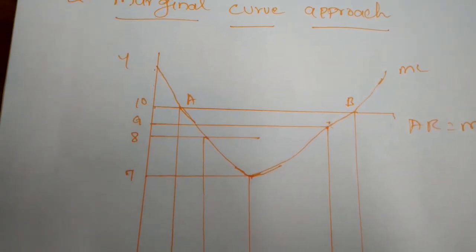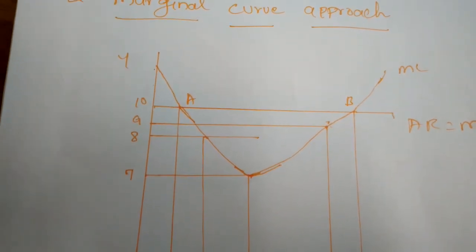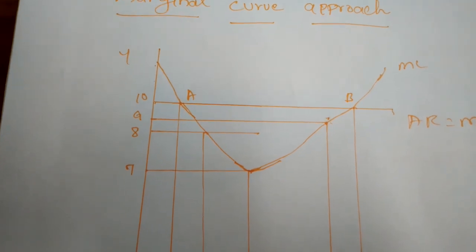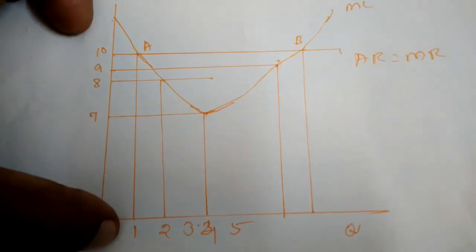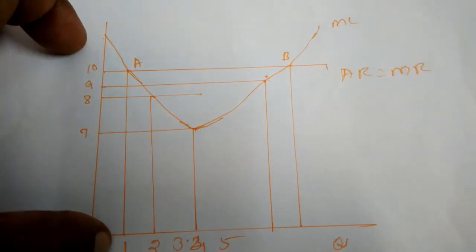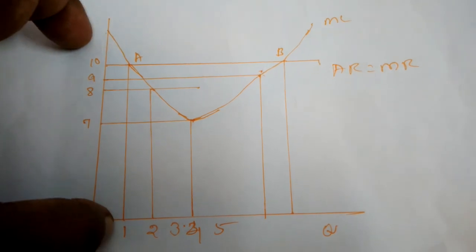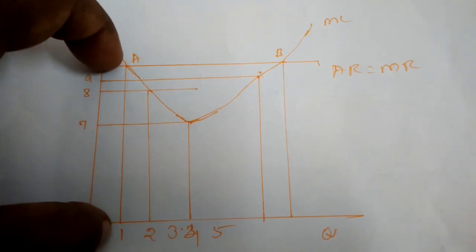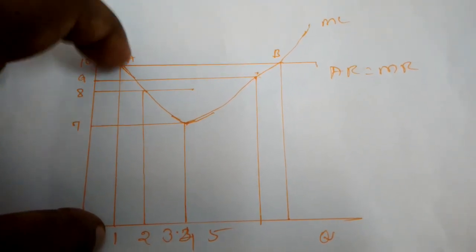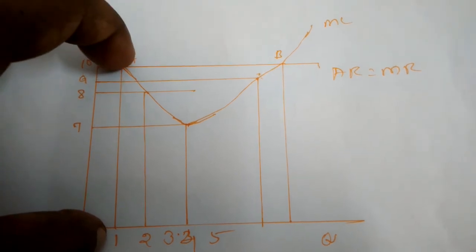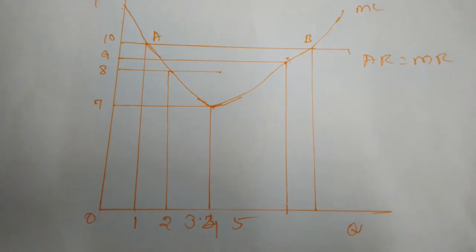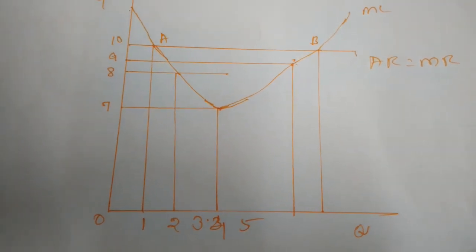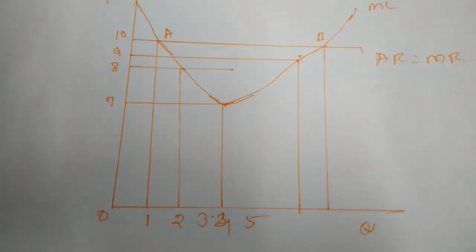So when we follow this hypothetical situation, normally a rational seller will not be in equilibrium at output level 1. When the producer is producing 1 unit of output, he will be in equilibrium, meaning he will get some profit. But a rational producer will never stop the output level at point 1 itself.